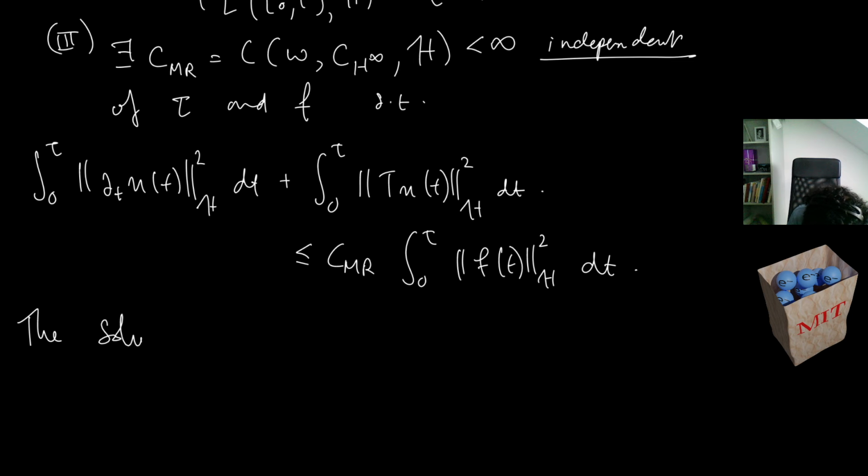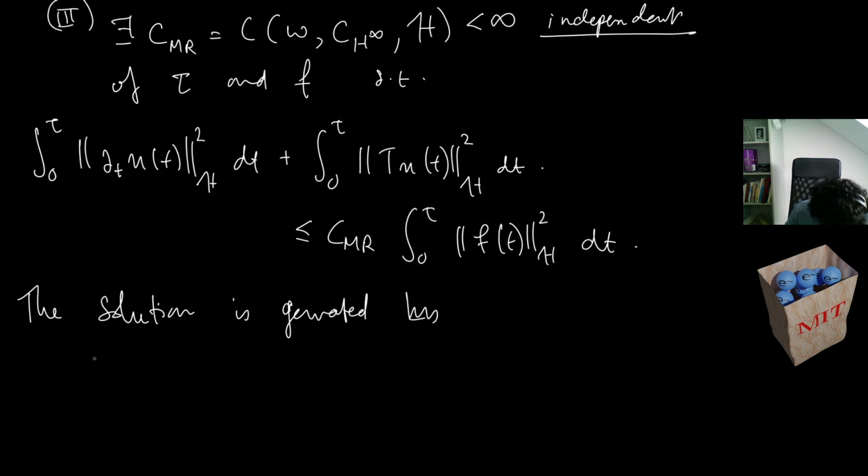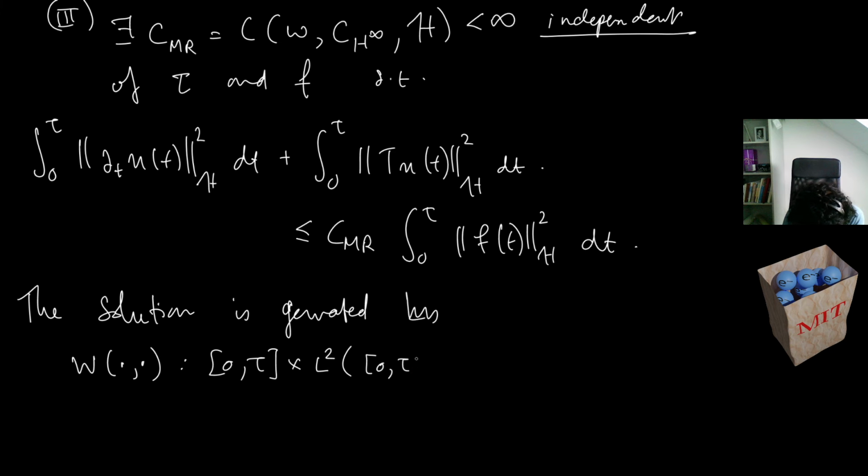The solution is generated by, so there's a solution generator, so this is a map from 0 to tau inclusive cross L2 0 tau H to L2 0 tau naught, dom T. Now we have the tau naught here again, right?